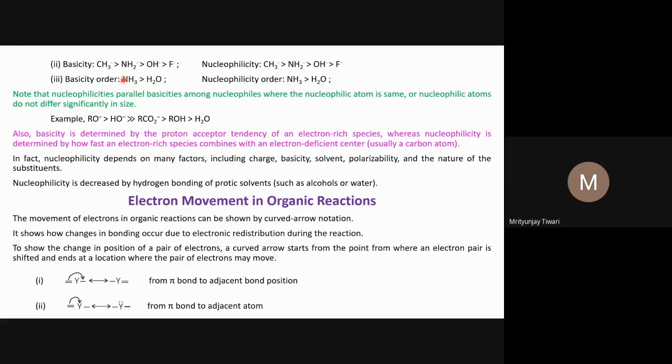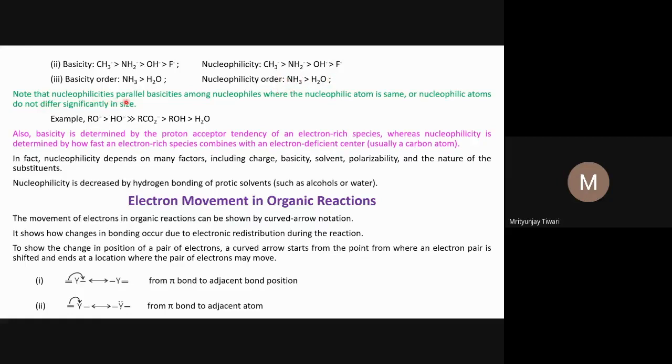Ammonia, having nitrogen with lesser electronegativity, has a lone pair that is more easily available than the lone pair of water. In water, the oxygen has high electronegativity, so ammonia will be a stronger base than H2O, and the nucleophilic order we have already seen.